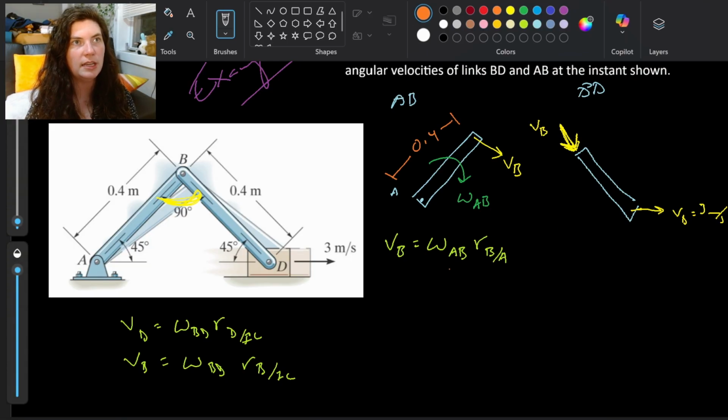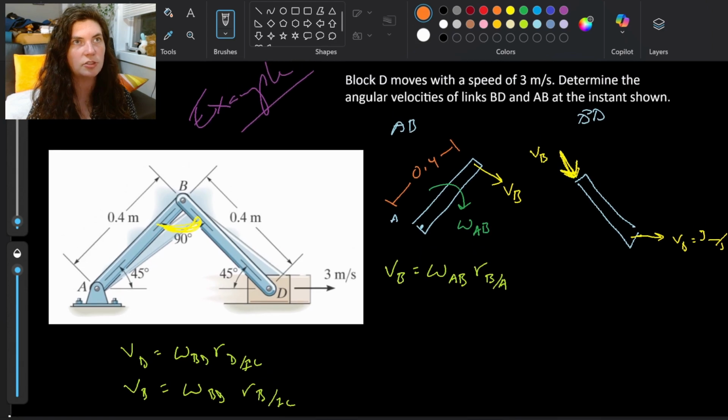But we don't know what V_B is, and we're trying to find these angular velocities. Finding those angular velocities is our goal for this question. So knowing that, we need those position vectors, so we're going to find IC.